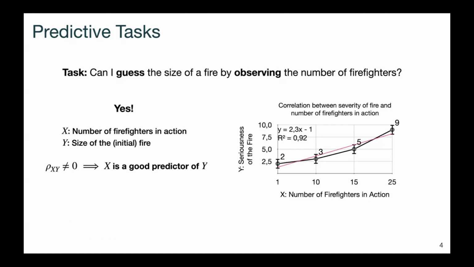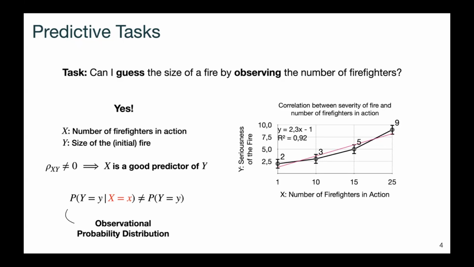However, this is just the definition, right? The probability of y given x being different than the probability of y implies this correlation. This probability distribution is something that we call the observational probability distribution. It's just a name.